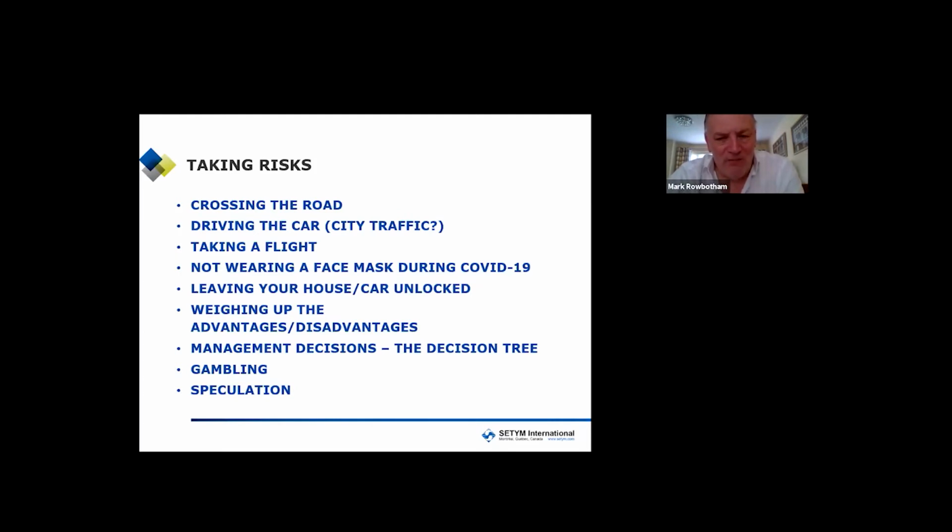Management decisions. Now, the decision tree is an extremely important element of any organizational strategy, because decisions are based on viability, they are based on feasibility, but they're also based on potential risk in the sense of what would happen if it went wrong. Management decisions are based on caution.